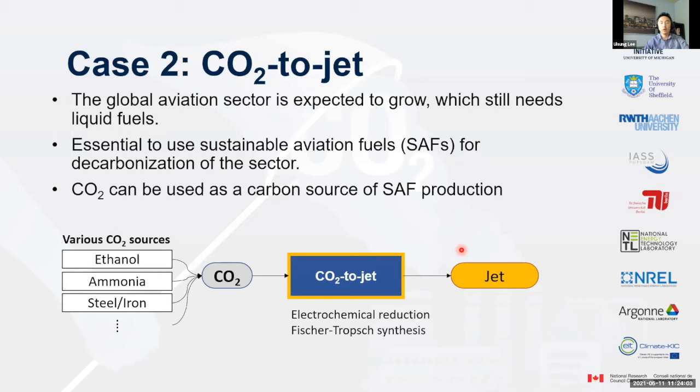Once we have the carbon monoxide, we can use the hydrogen from renewable electricity, the electrolysis of water. Using the carbon monoxide and hydrogen from these two sources, we can synthesize jet fuel using the Fischer-Tropsch synthesis. So the second case is generating an energy product from the captured CO2.